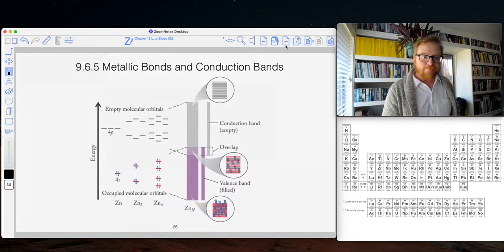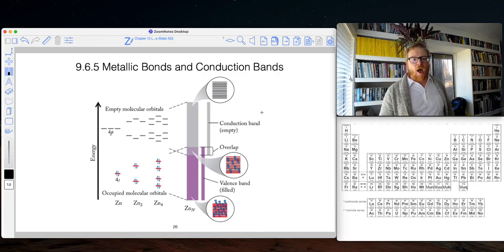Okay. So now if we look at things that are really good conductors, so magnesium is not that great of a conductor. Zinc, much better. So our transition metal elements, our true metals, right? Those are very good conductors.